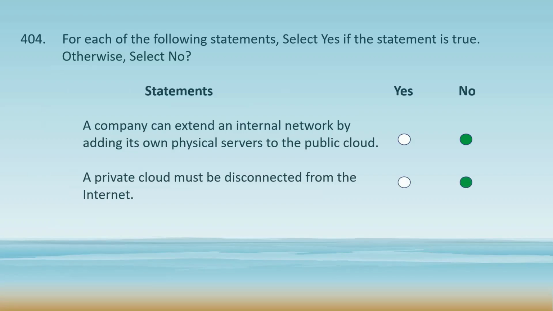A private cloud can be disconnected from the internet, but it's not a requirement. Whether it's connected to the internet or not depends on the specific requirements and security policies of the organization. The third statement is: part of a hybrid cloud is the public cloud. This is a valid statement. Public cloud and private cloud together form a hybrid cloud.